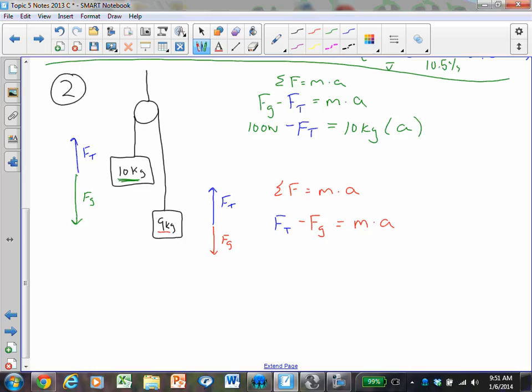One equation, two unknowns. We must be able to get more out of this. Ft, what's my Fg here? 90 newtons. 9 kilograms times A, because that's the 9 kilogram mass accelerating.